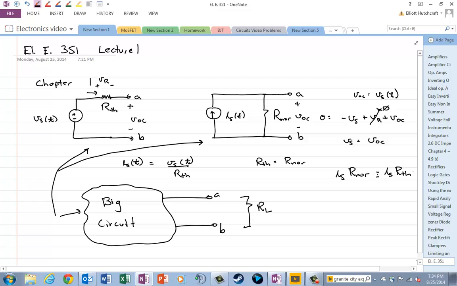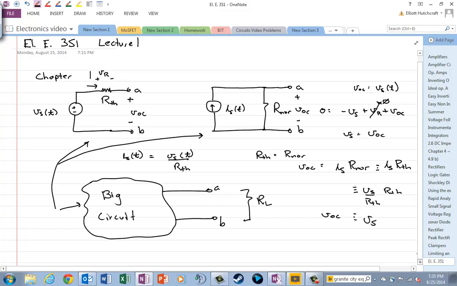It's just Vs over R Thevenin, so that's equivalent to Vs over R Thevenin times R Thevenin. So this is just Vs. And I should point out, when I was talking about VOC up here, VOC is Vs.